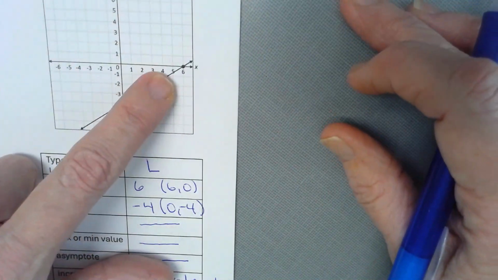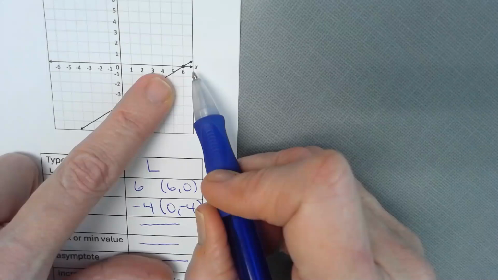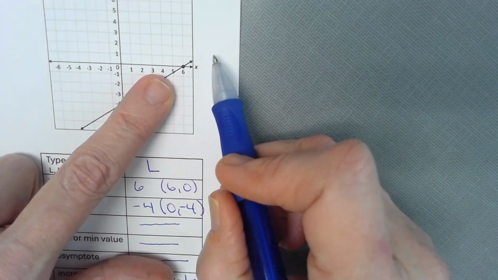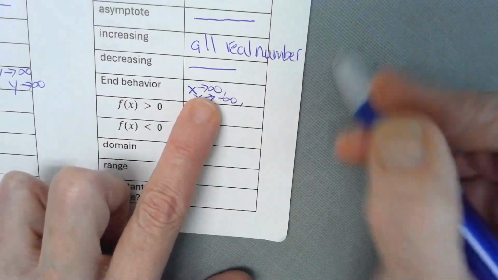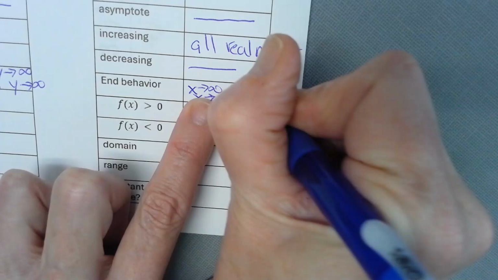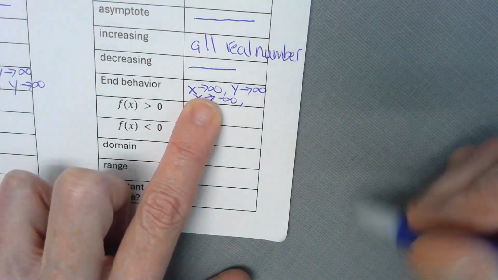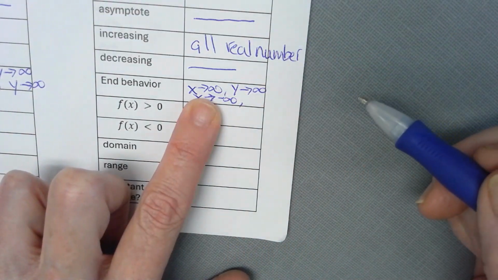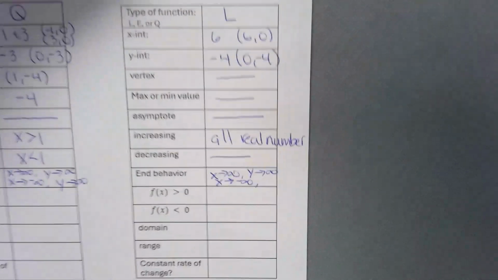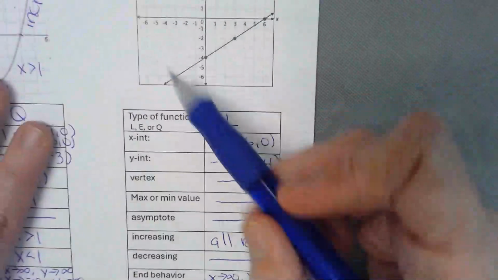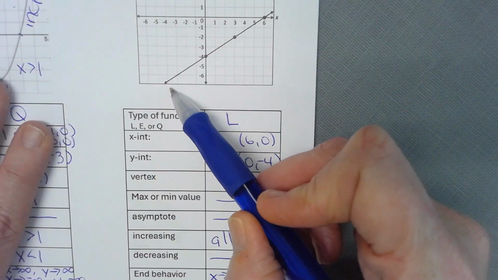Okay. All right, let's go with this one. Okay, the right side of the graph, where are the y's going? Up or down? Up. Okay, so here's the right side of the graph. Y is approaching positive infinity. That means getting bigger. Okay, and then this is the left side.